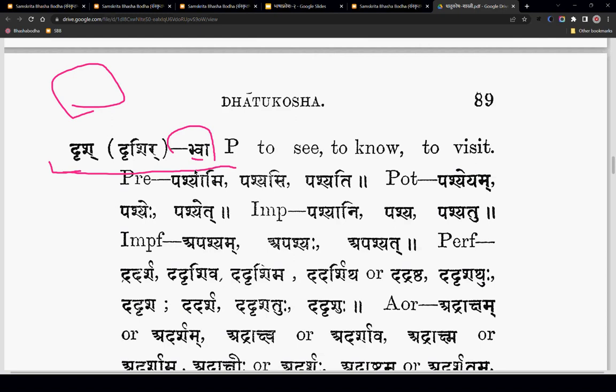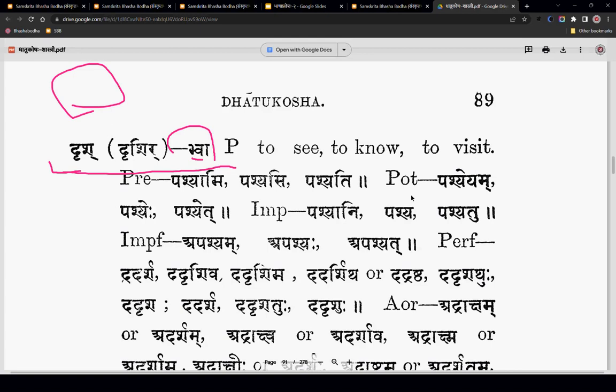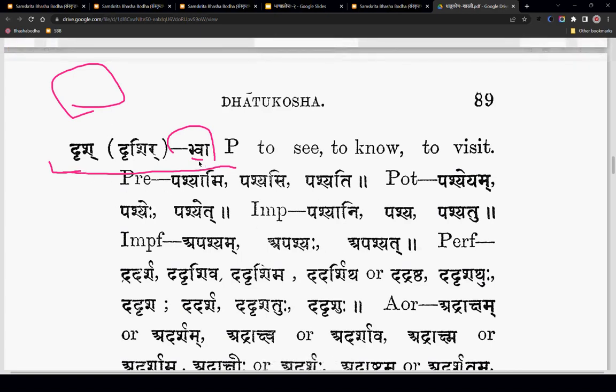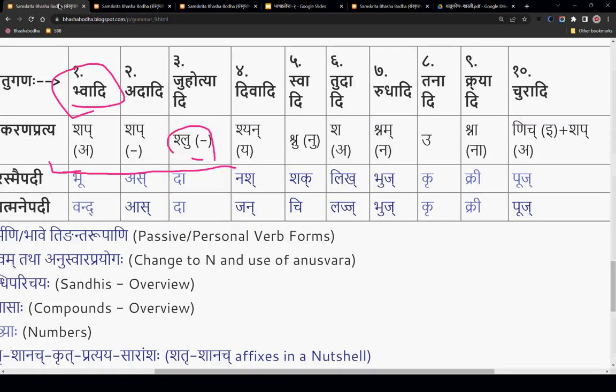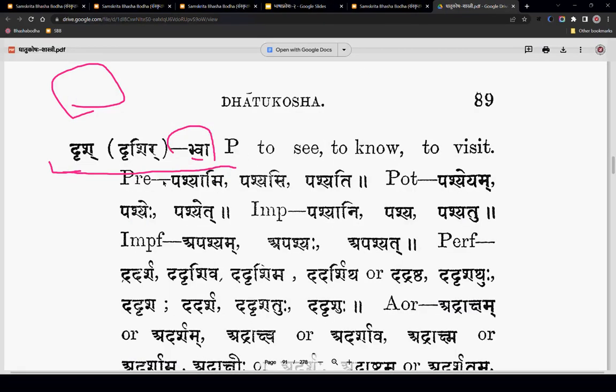So now it's Drishya, which is the dhatu for pashyati, etc. The dhatu kosha says this is bhvadi gana. Bhva means bhvadi gana, and p means parasmaipadi. So the dhatu kosha is saying that Drishya belongs to bhvadi gana, the first gana.